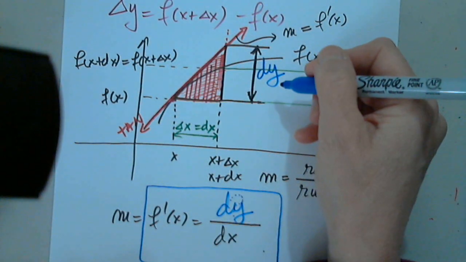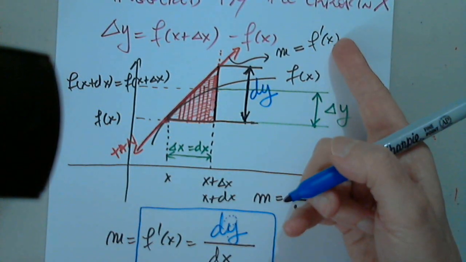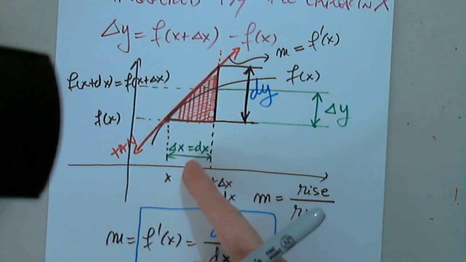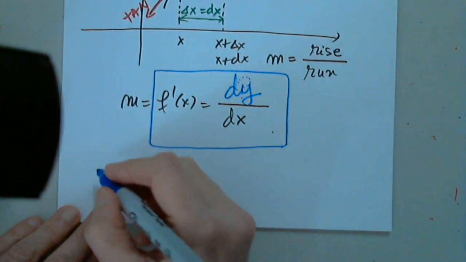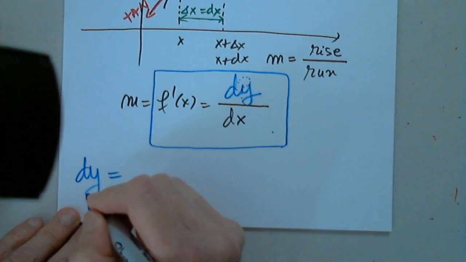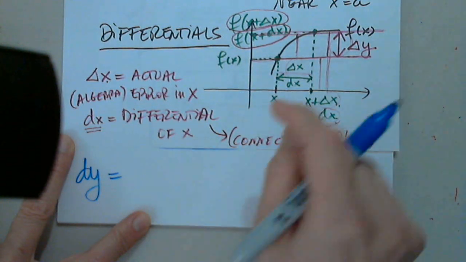Now the question is, what is dy? We know what delta y is. We know what f prime is. We know what dx and delta x are. All of a sudden, there is a dy now. Okay. dy, what do you think? Is it the differential of y? Of course.